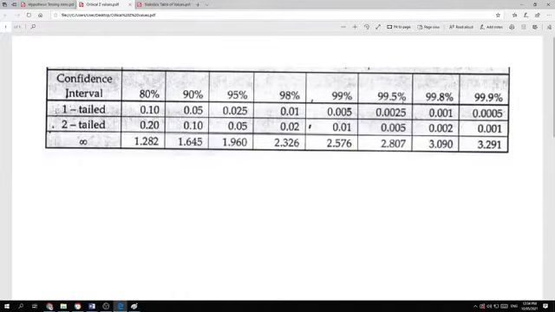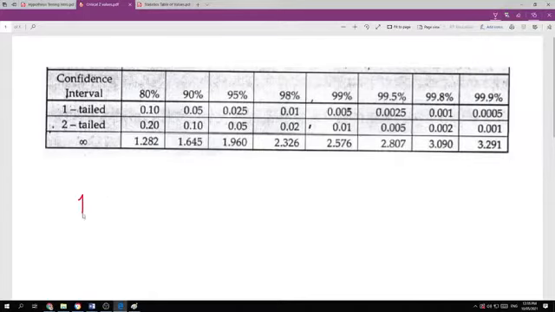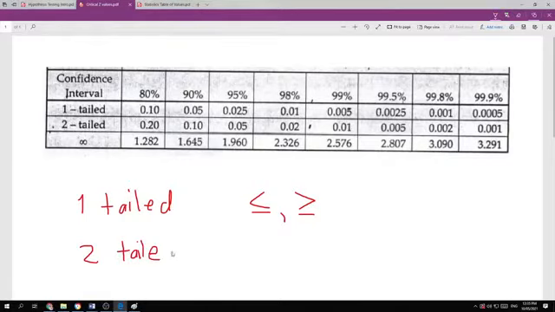Okay, I told you already, if it is one-tailed, the symbols used are greater than or less than. The two-tailed is the symbol given, or it can also be just equal.